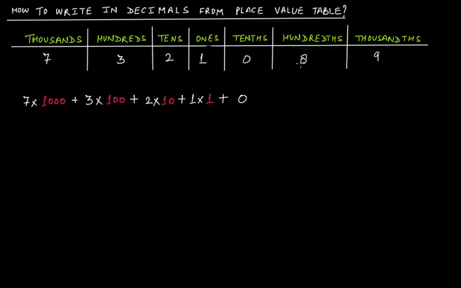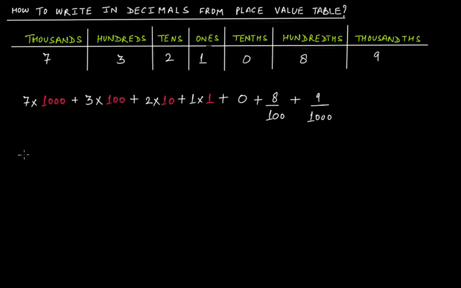And we have 8 hundredths. 8 hundredths means what? This will be plus, what fraction will this represent? This is 8 over 100. Plus 9 thousandths, what fraction will it represent? 9 over 1000.